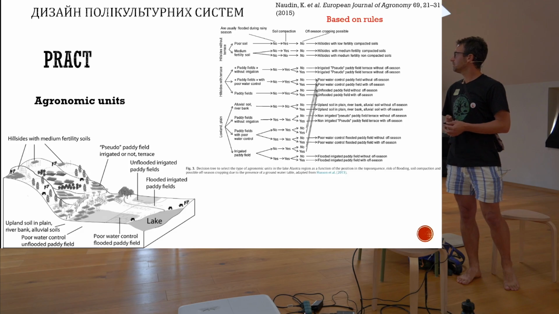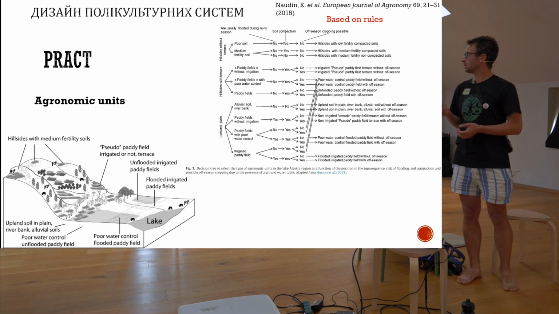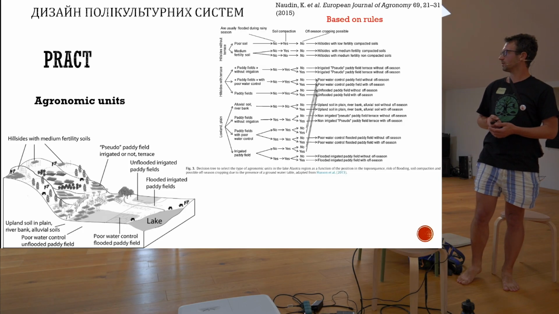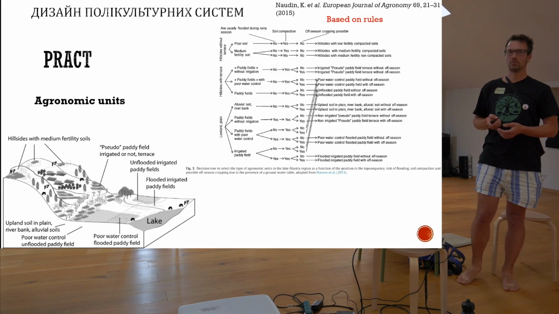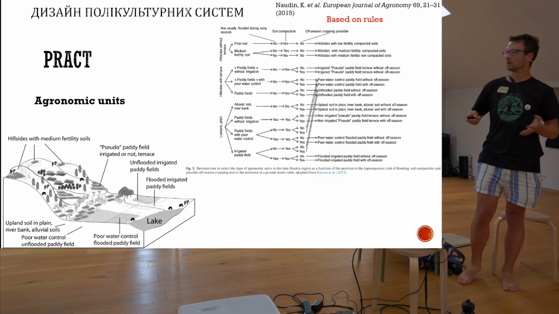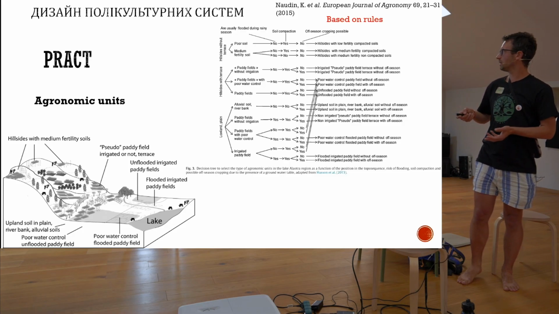Another option is to use rules. This is a tool for designing cover cropping systems. The plots are combined into 17 groups based on their main characteristics, like water logging and soil nutrient status.